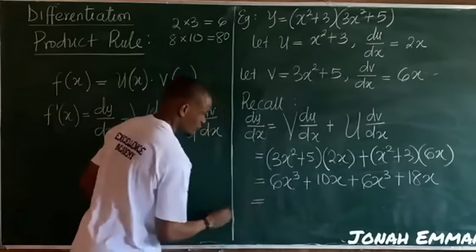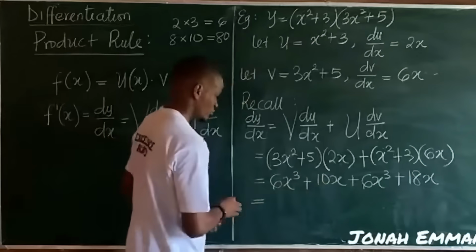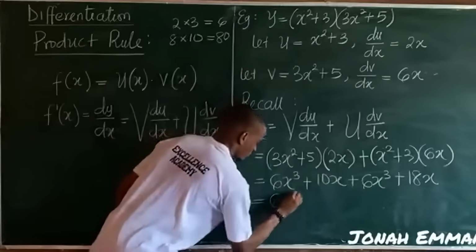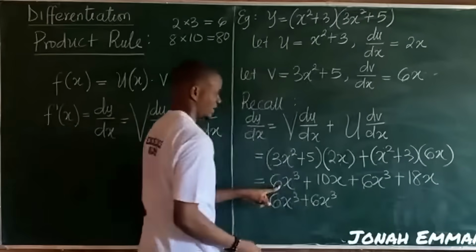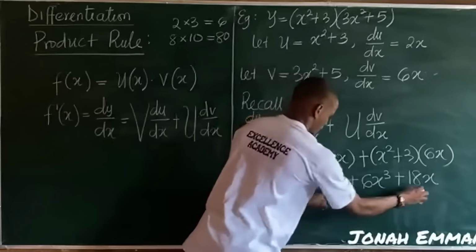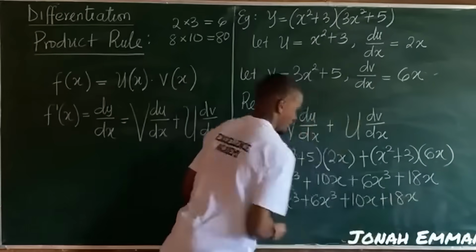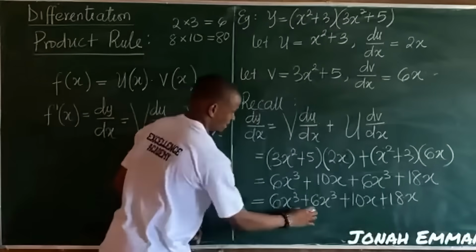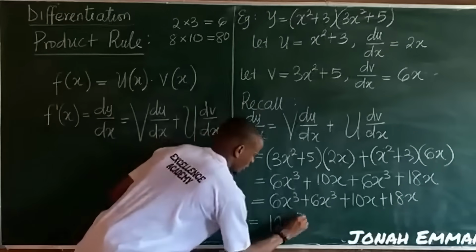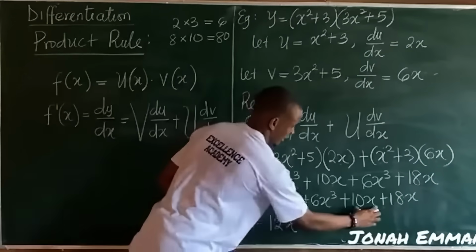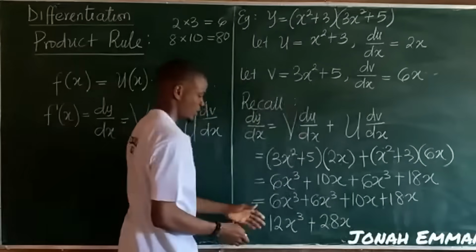Next up, I'll take up like terms. That means the terms having x cubed here, so it becomes 6x cubed plus 6x cubed, and then I'll take these ones, 10x and 18x. This now equals 6x cubed plus 6x cubed gives you 12x cubed, plus 10x plus 18x gives you 28x. So here's my answer.